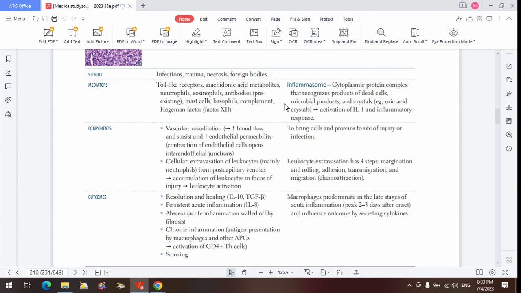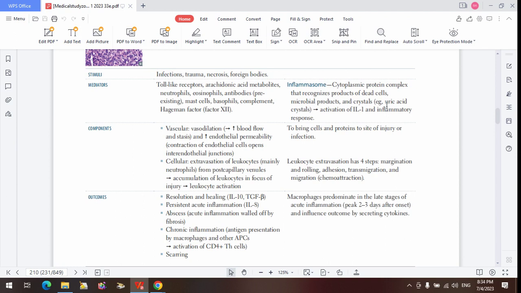But there's something called the inflammasome. If there is inoculation of a microbe or trauma to an epithelial cell, the inflammasome, which is always present in the epithelial cell, is a cytoplasmic protein complex that recognizes products of dead cells.